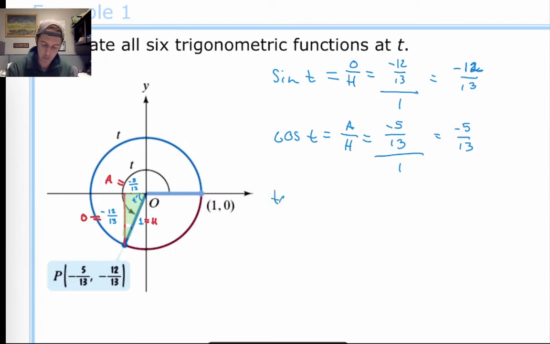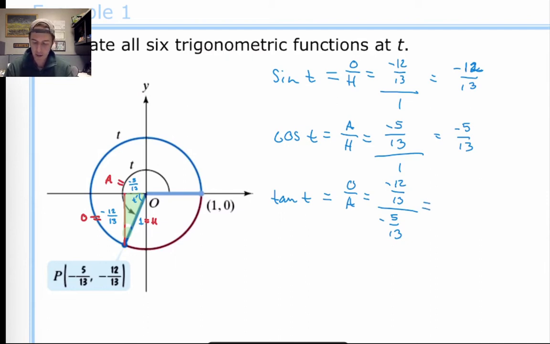The tangent function, and it is a function, is asking us to take the opposite side length and divide it by the adjacent side length. So here we have to take negative 12/13 and divide it by negative 5/13. A negative divided by a negative is going to make a positive, so the negatives will cancel out.